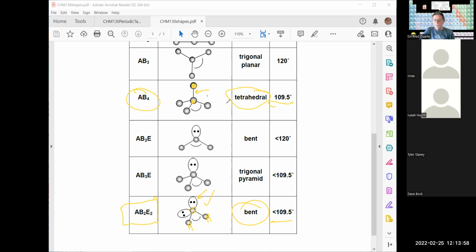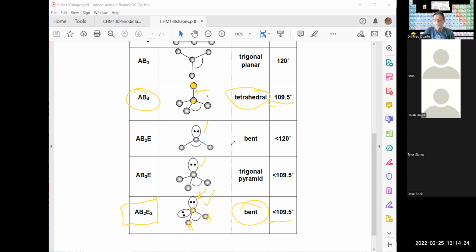But what happens is, if I were to take one of these bonded atoms from the central atom away, we end up with lone pairs, okay? Here we have 2 lone pairs right here and right here. Those lone pairs, again, are negative charge, as we just stated, electrons. So they're going to repel each other, and they're going to move away from each other.